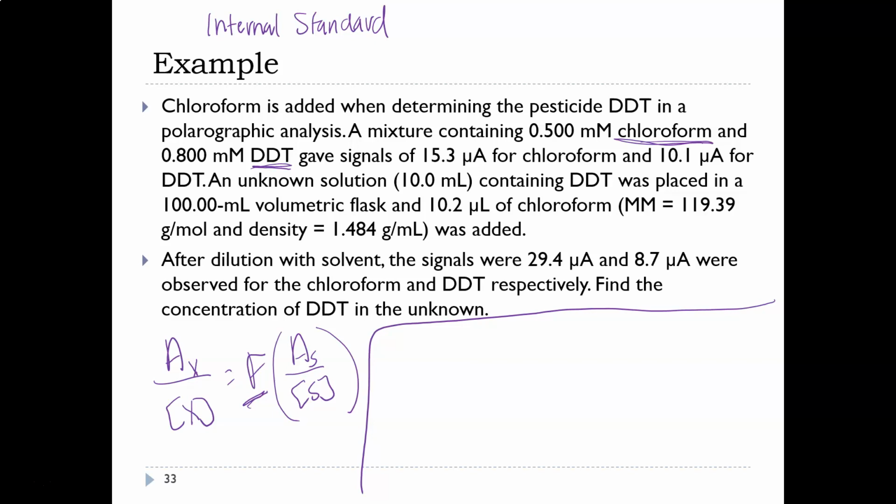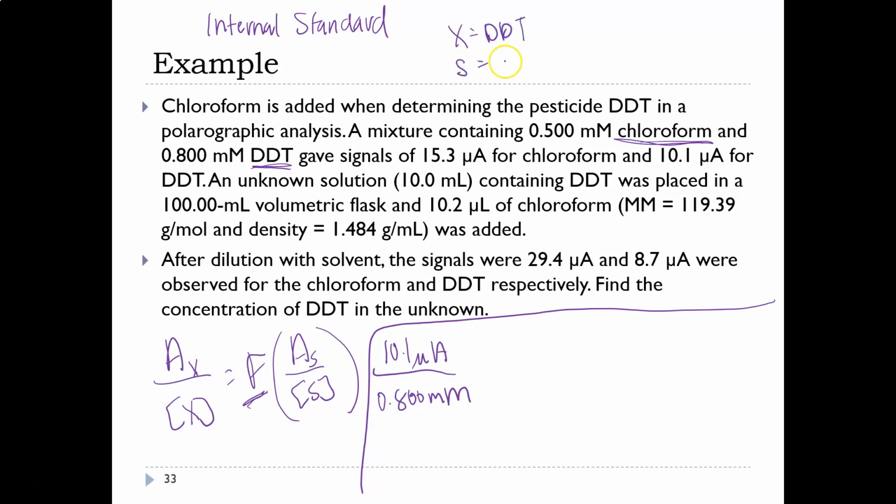That's where we're going to start. For AX, X is the thing that we're measuring, which is DDT. So AX is 10.1 microamps, and the molarity of X is 0.800 millimolarity. So X equals DDT, the thing that we're supposed to be measuring.